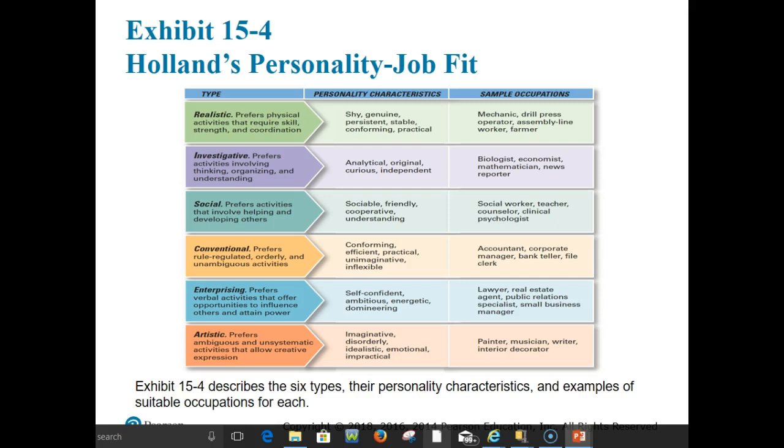Next is artistic, prefers ambiguous and unsystematic activities that allow creative expression. They tend to be imaginative, disorderly, idealistic, emotional, and practical. They could be painter, musician, writer, and interior decorator. So these are the 6 types of personality characteristics and examples of suitable occupations for each.